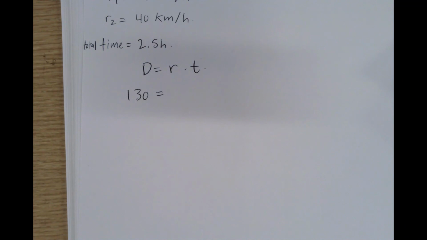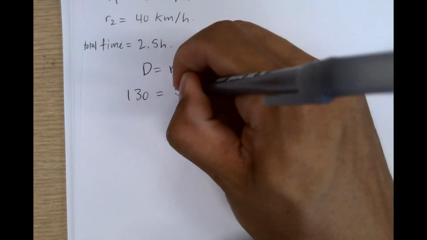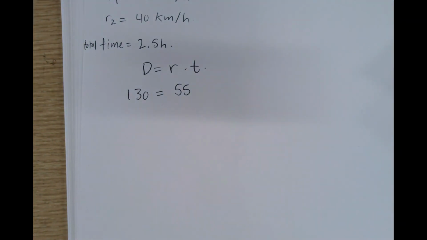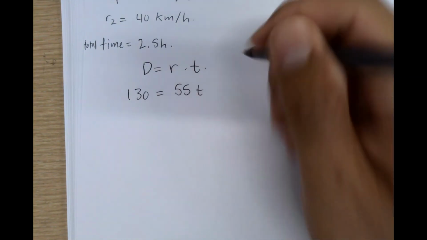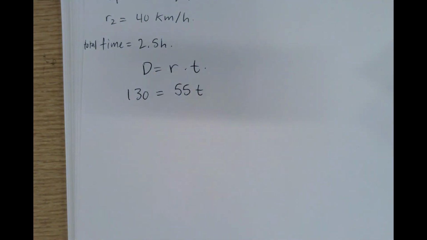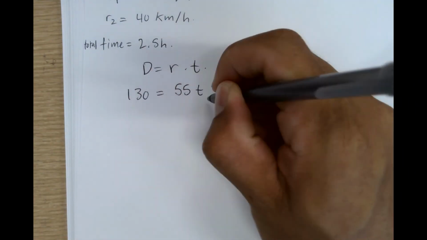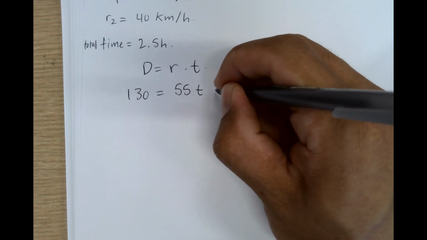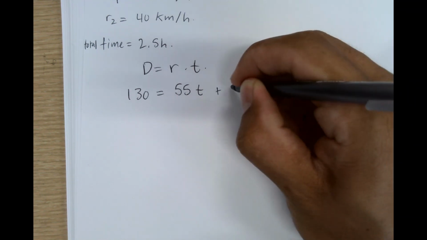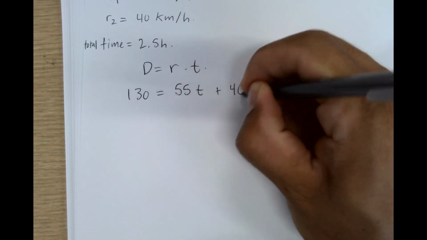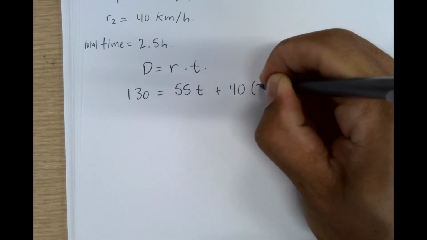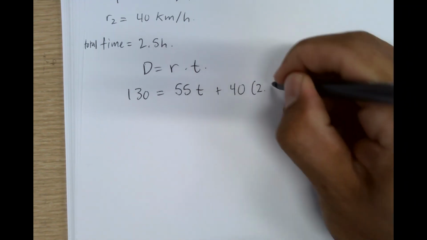They traveled at 55 kilometers per hour for a time we don't know, so we're going to call that t. And they traveled part of it at 55 kilometers per hour, plus they traveled at 40 kilometers per hour for the remainder. The total amount of time was equal to 2.5.